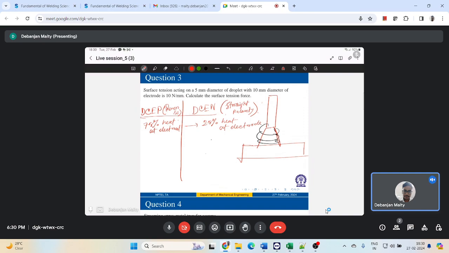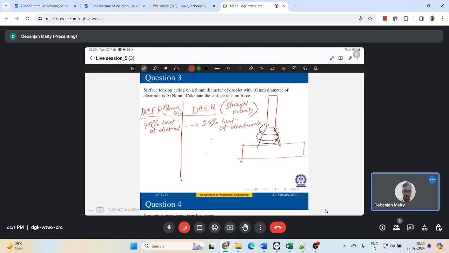So we talked about those forces affecting the metal transfer. Now, what is metal transfer? Whenever an electric arc is struck between the job and your electrode, because of short circuiting you are increasing your current density a lot at that arcing end of the electrode.